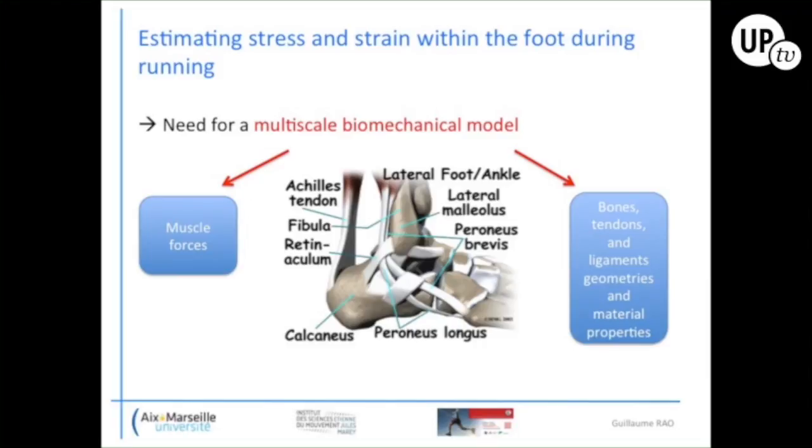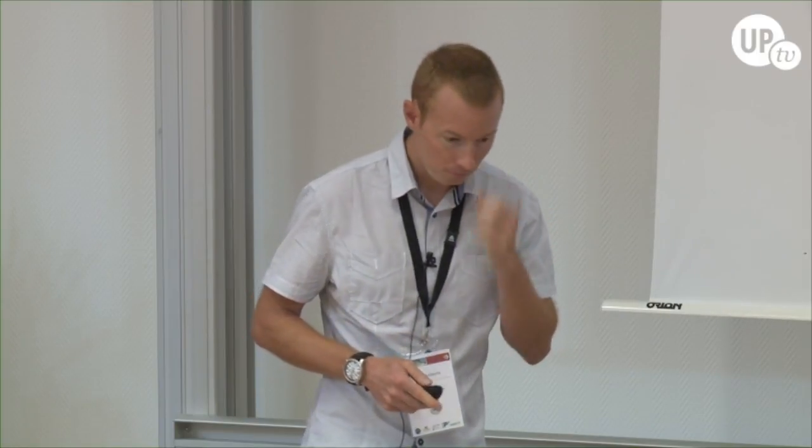In order to estimate the stress and the strain over the elements, you have to take into account the muscle forces that can change the loads on the bones, for example, or on the ligaments, but also all the bone, tendon, ligaments, all the geometries of these different structures, as well as their material properties.